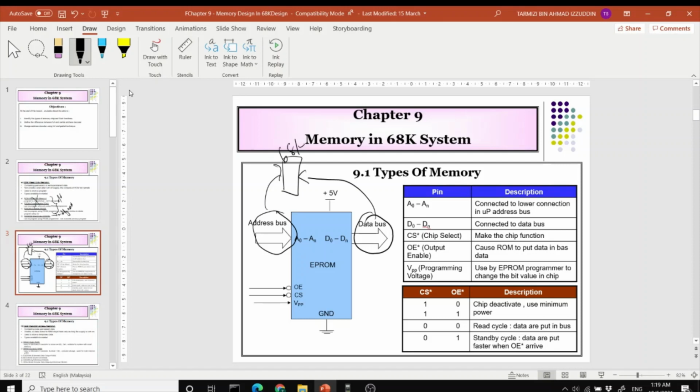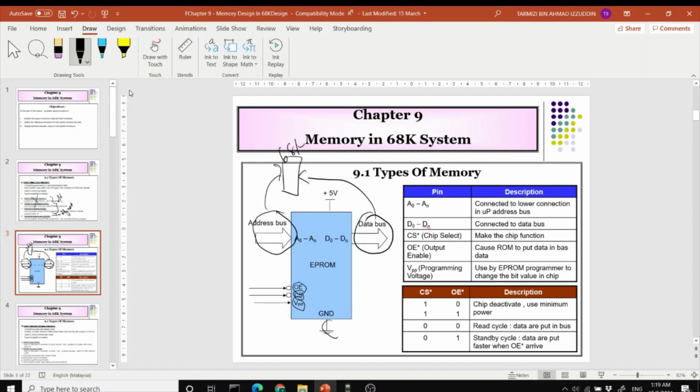And then you have other type of pin. You have OE, which is output enable pin. We have CS pin, which stands for chip select pin. And then we have this VPP, the programming voltage, used by EEPROM programmer to change the bit value in the chip.